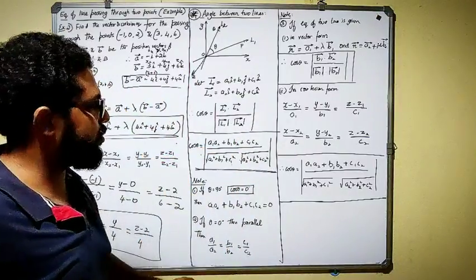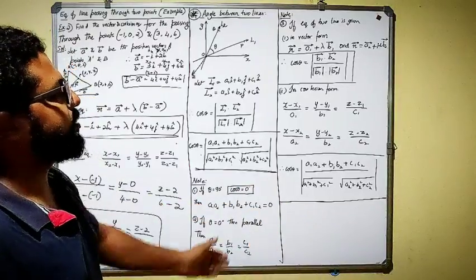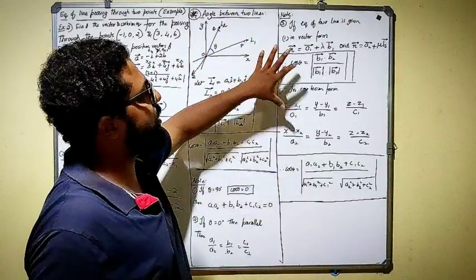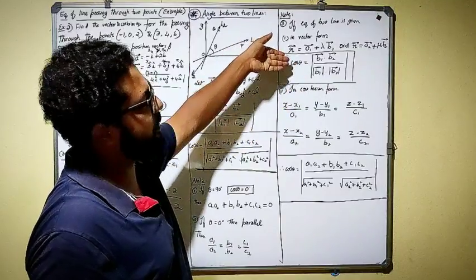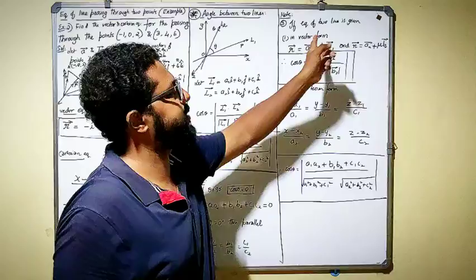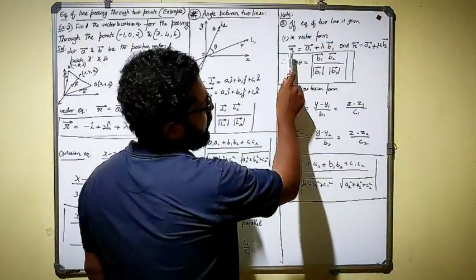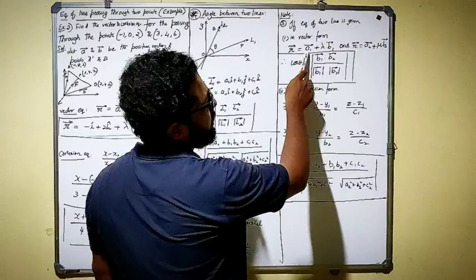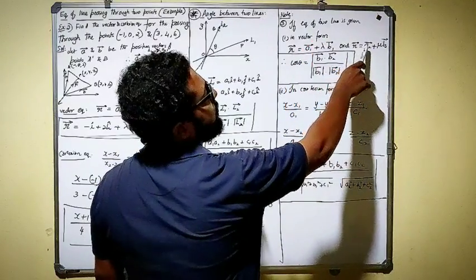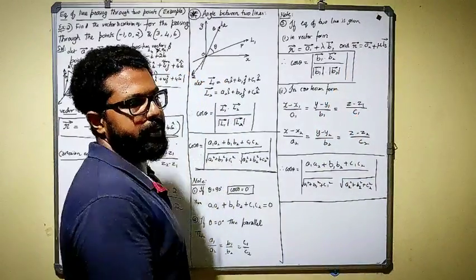I want you all to be thorough with the previous topics in order to move on to further concepts. In the third note, we will see how to find the angles when the lines are given in different forms. When the equations of two lines are given in vector form, it is like this: r is equal to A1 vector plus lambda into B1 vector, and another, r is equal to A2 vector plus mu into B2 vector.